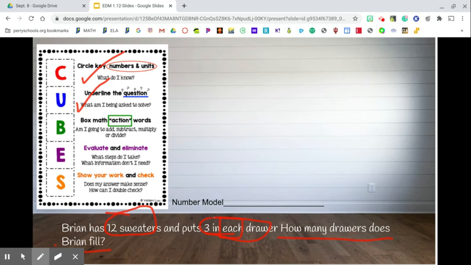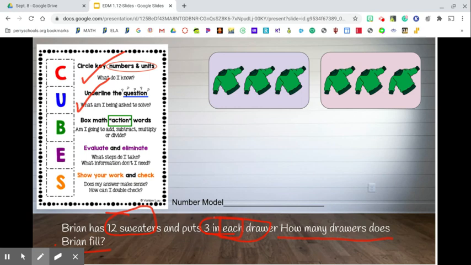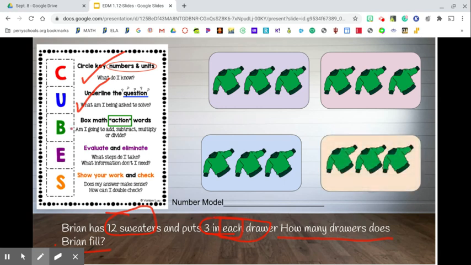So my picture that I'm going to use to help me out is I'm going to draw drawers with sweaters in them, 3 of them, and I'm going to count my 3 sweaters until I get groups of 3, and I get to 12. So my first drawer, I have 1, 2, 3. Second drawer, I have 4, 5, 6. In my third drawer, I have 7, 8, 9. And in my fourth drawer, I have 10, 11, 12.